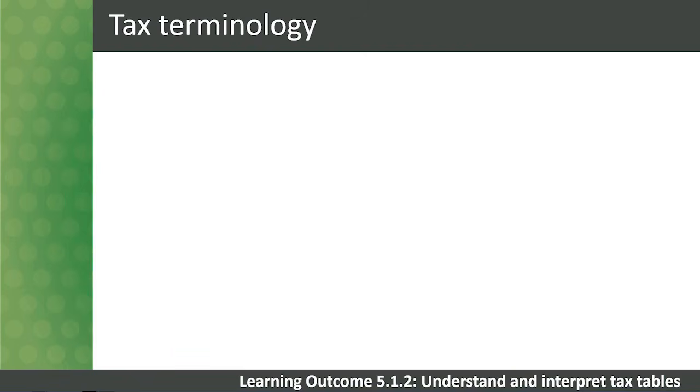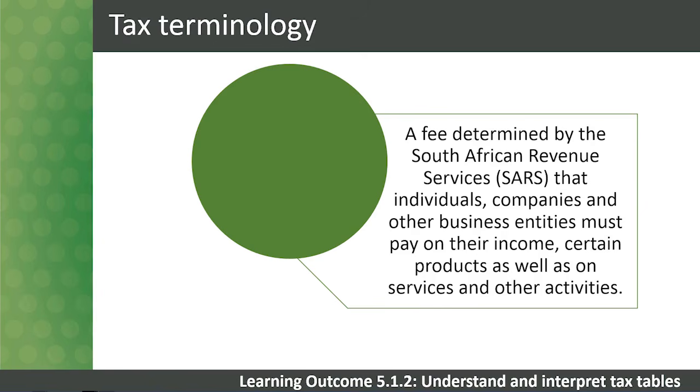A fee determined by the South African Revenue Services, SARS, that individuals, companies and other business entities must pay on their income, certain products, as well as on services and other activities. Tax.